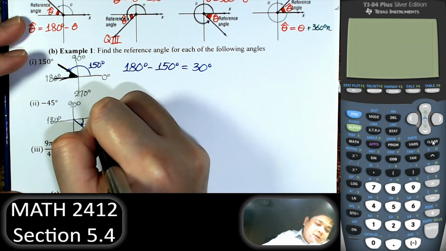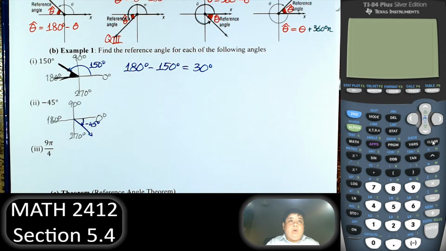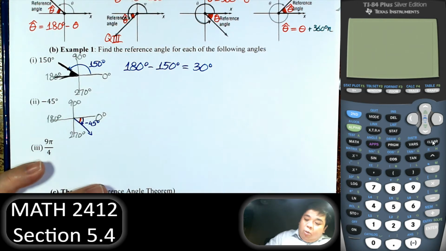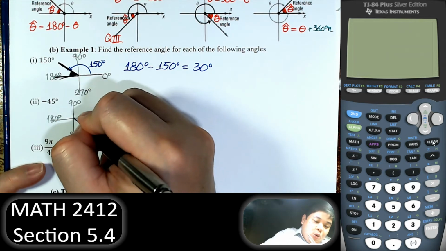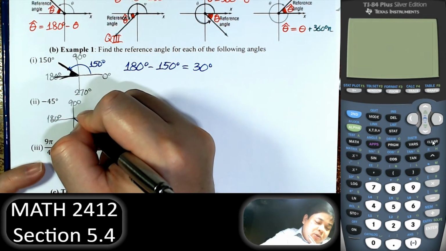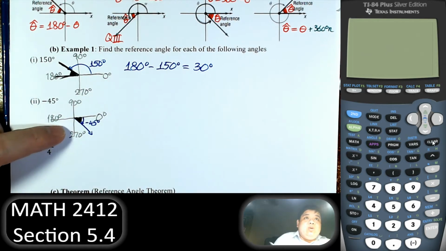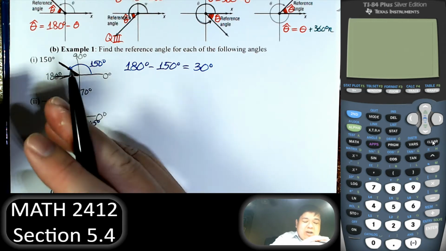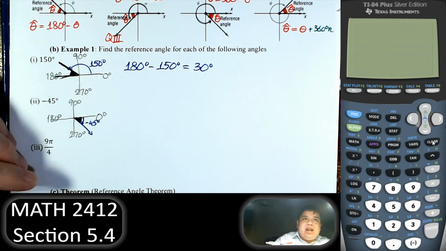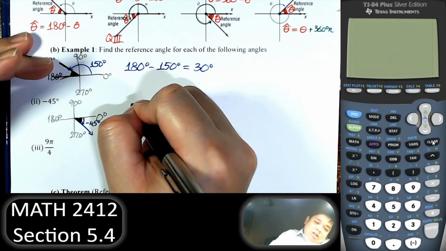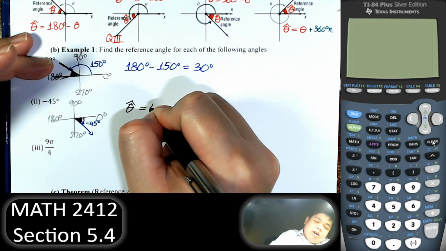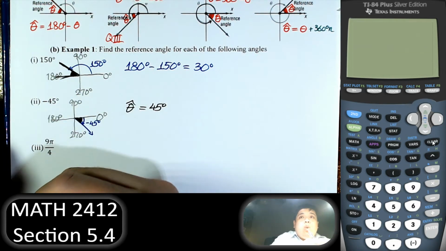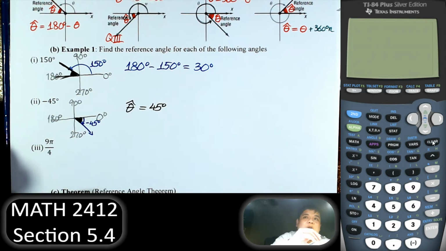The reference angle will be whatever is formed with the positive or negative x-axis, but the angle must be acute. So in this case, for negative 45 clockwise, we just take the clockwise angle, so the reference angle is equal to 45 degrees.